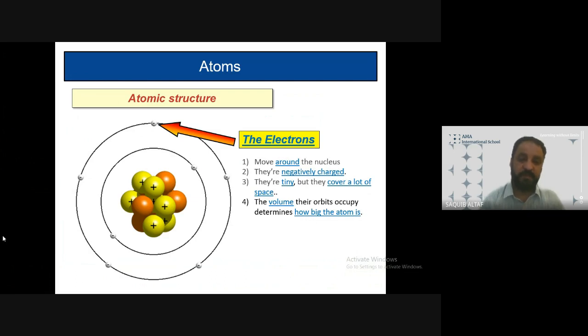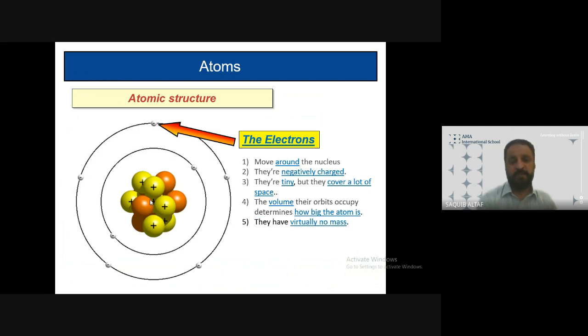But remember, there is a big space between them. You can see there's this big space, but at the center there is no space, because protons and neutrons are concentrated at the center, very closely packed, whereas electrons are orbiting around the nucleus but far away. There is a huge distance between them, so that's why they occupy more volume.